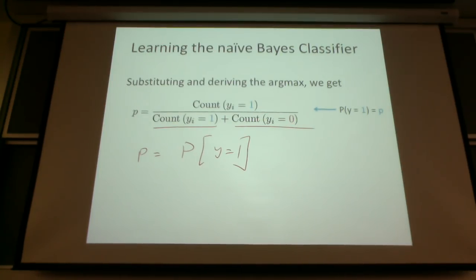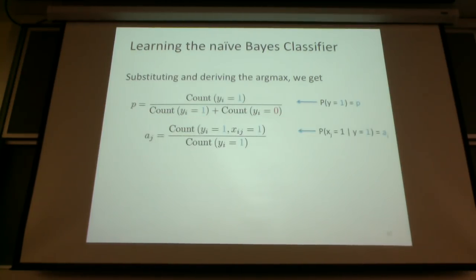Now it's true also for the likelihood and the priors. Aj is the probability of xj equals 1 conditioned on y equals 1. What you do is count how many times xj is 1 when y equals 1, and divide that by the number of times y equals 1.